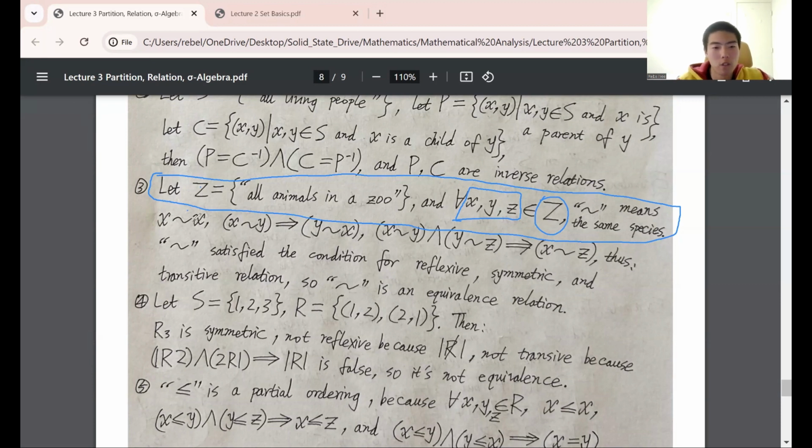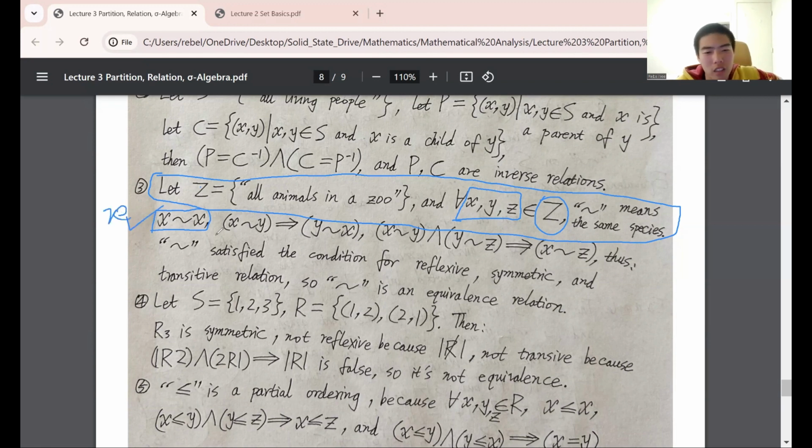First, X is equivalent to X, yes, because one animal can only be one species, it cannot be two species. If you catch an elephant, it's always an elephant. So it is reflexive.